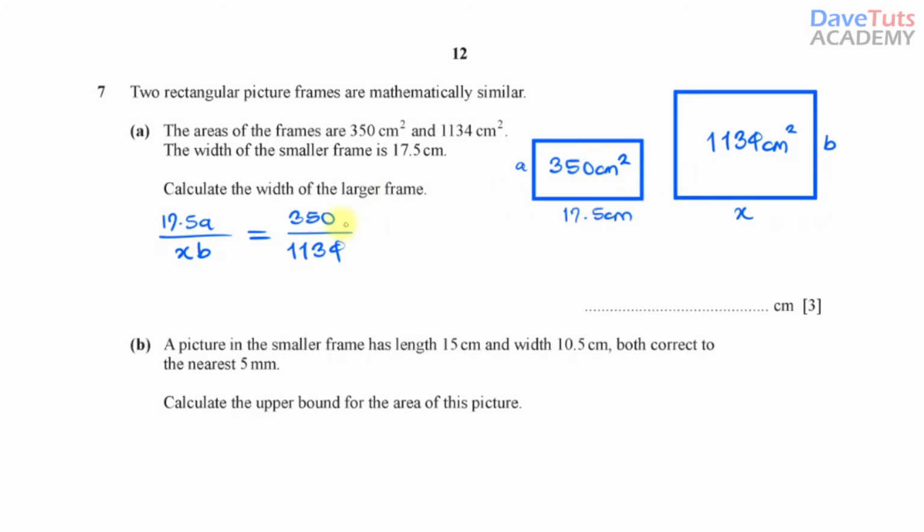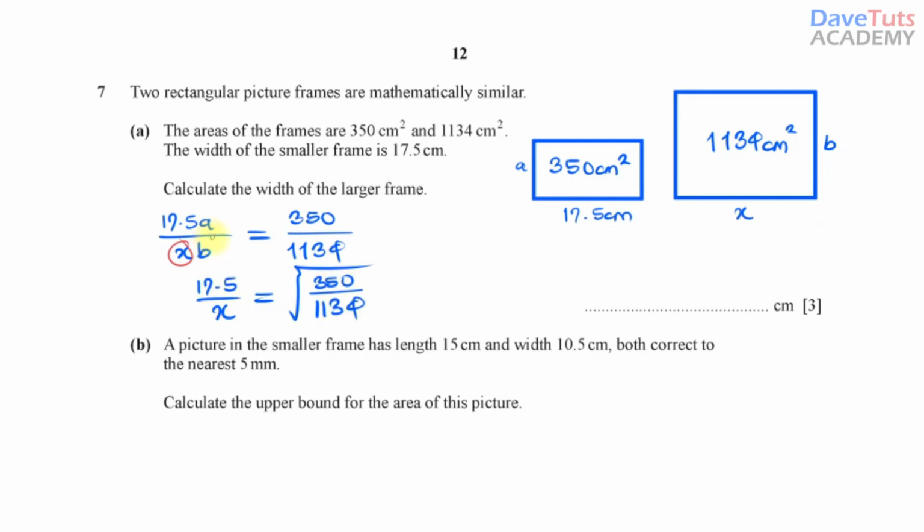Okay, and now since they are similar, and what we are looking for is ideally focusing on X, but we know that 17.5 and X, if you take A over B as a constant, that means you can say 17.5 over X will be amounting to the square root of 350 over 1134.